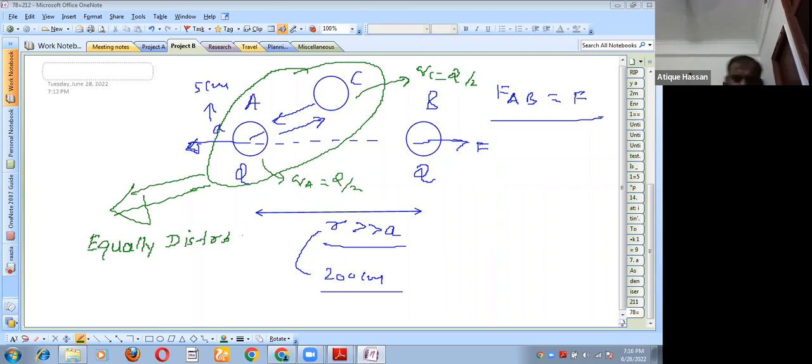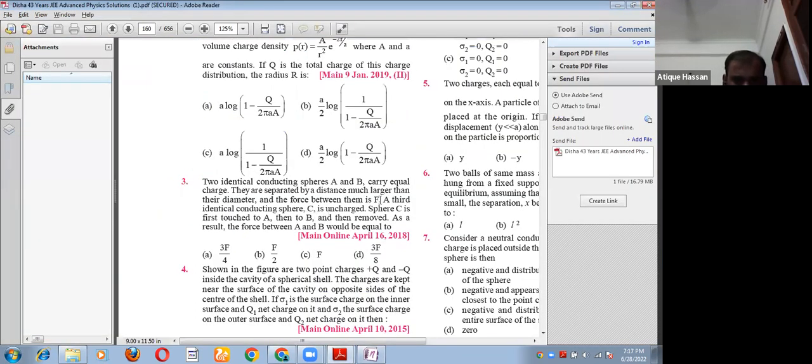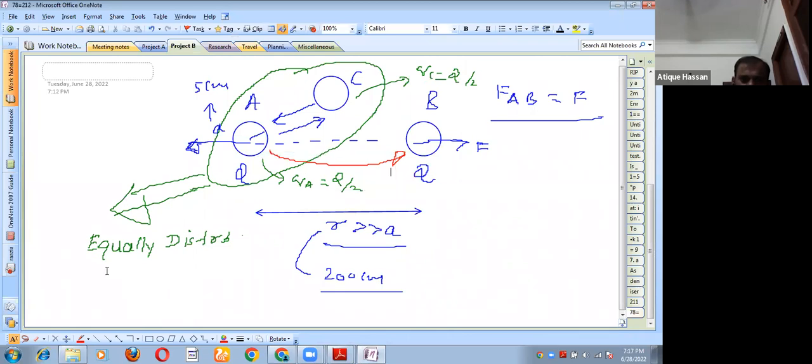Now what happens? According to the question, sphere C is first touched to A, then to B. So it is not A, sorry, C has been touched to B also.